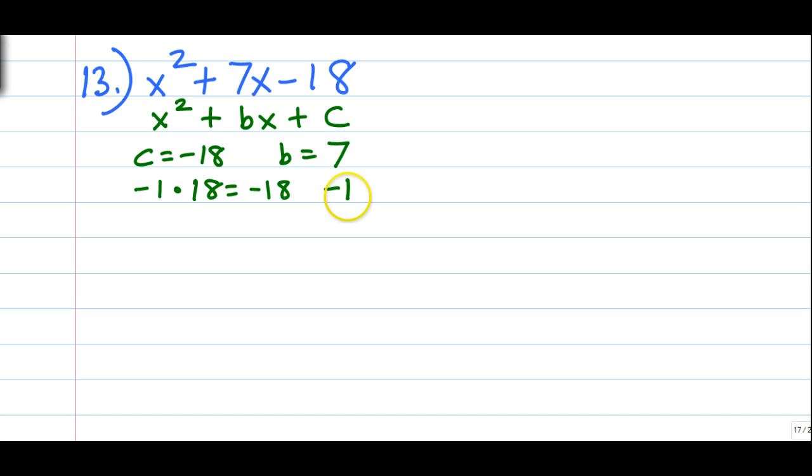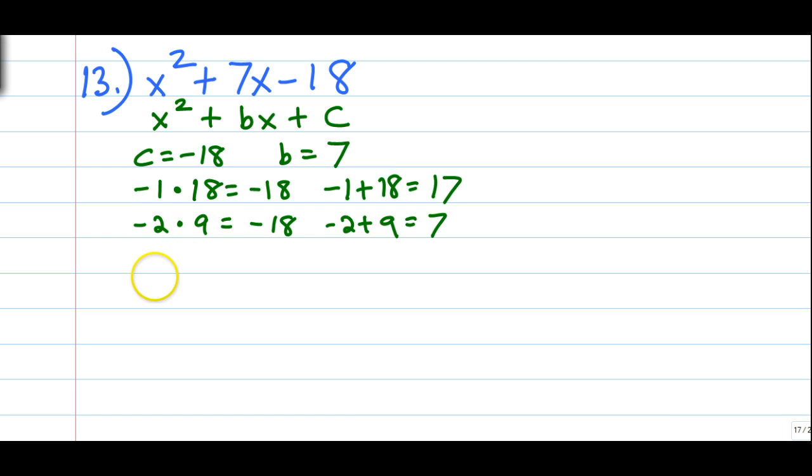So negative 1 plus 18 creates a positive 17. This isn't quite what I wanted, so let's move on. Let's try a negative 2 times a 9. This is also negative 18, but when summed, negative 2 plus 9 creates a 7. I've found my two values.